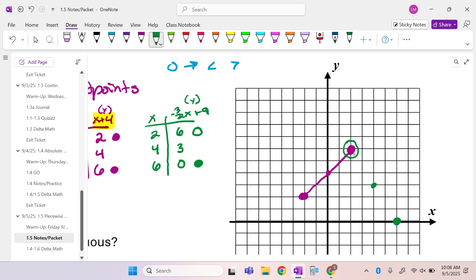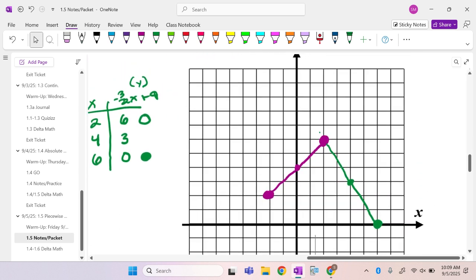And then I'm going to draw my graph. Now, if you have an open circle and closed circle on the exact same point, the closed circle dominates the open circle, meaning you do not need to draw that open circle if it's on the exact same point as a closed circle. So I can technically erase this, and this will give me my correct piecewise function graph.